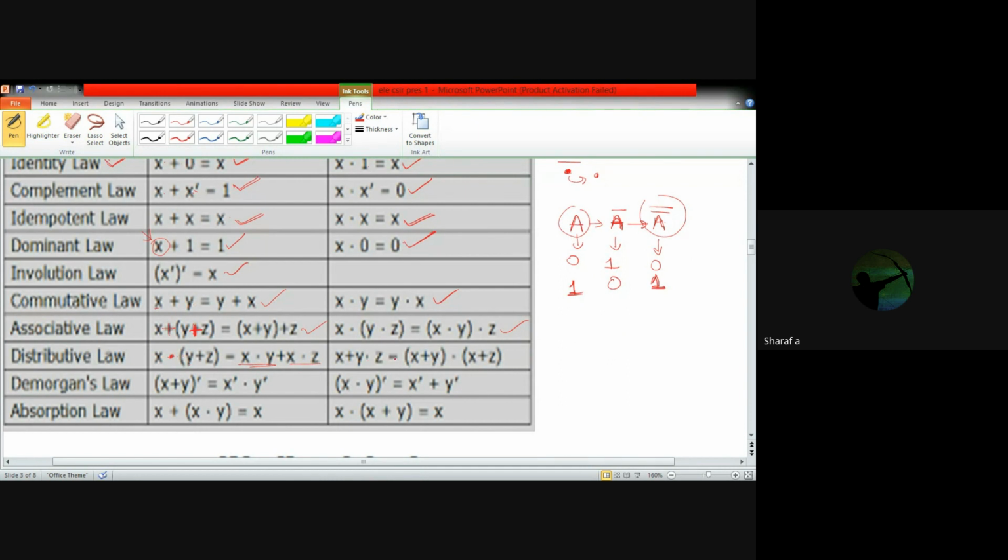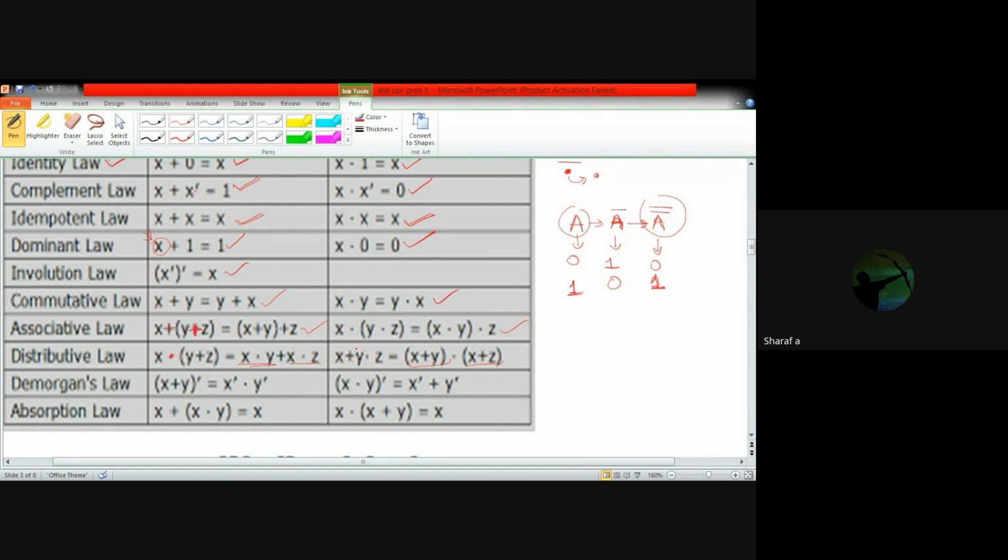And here also, on the other side, you can see x plus y dot z. You can write it as (x plus y) dot (x plus z). Sorry, the bracket should be with the dot product.